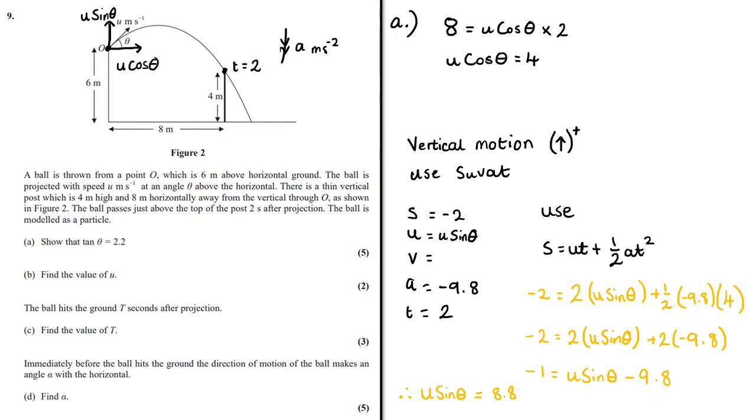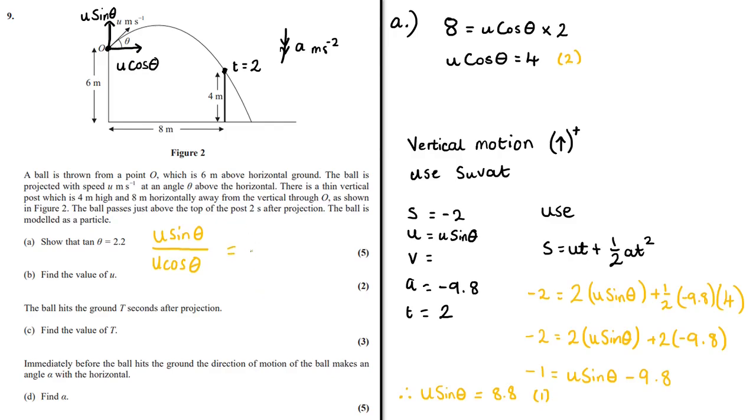So if we call this equation 1, call this equation 2, then I'm going to do equation 1 divided by equation 2. So I've got u sine theta all over u cos theta, and we know u cos theta was equal to 4.